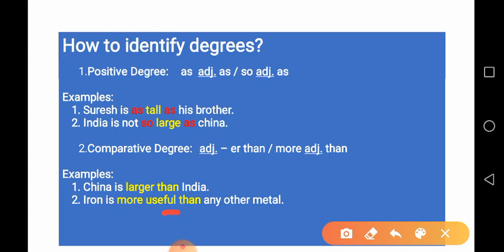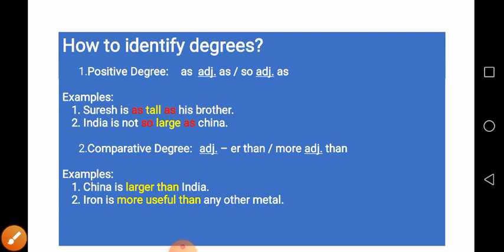Instead of using er, you can take the word more. So, more, then adjective and then than. So, when you find such a construction in the sentence, then it is an example of comparative degree.